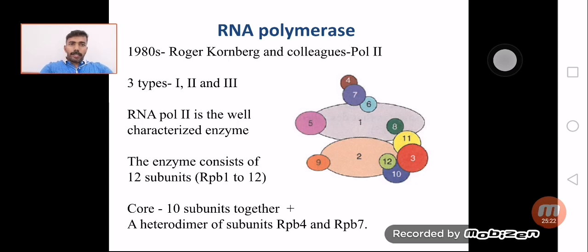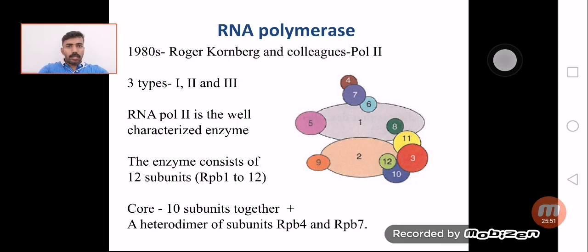These RNA polymerase enzymes were initially discovered by the team of scientists led by Roger Kornberg in the 1980s, and the enzyme they particularly studied was RNA polymerase 2, which is the most studied and well characterized enzyme, and hence we'll confine our discussion to RNA polymerase 2.